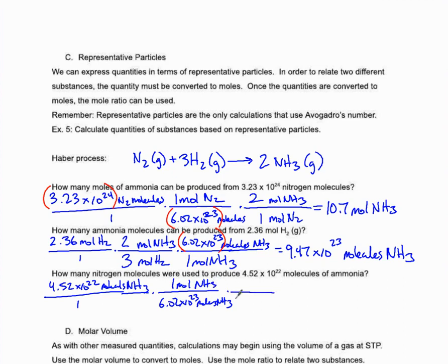Here's the mole ratio, 2 moles of ammonia for 1 mole of nitrogen. It wants to know how many nitrogen molecules.